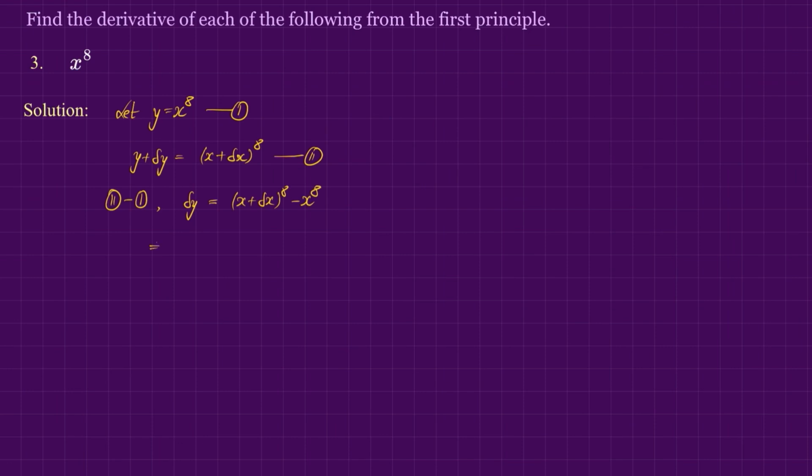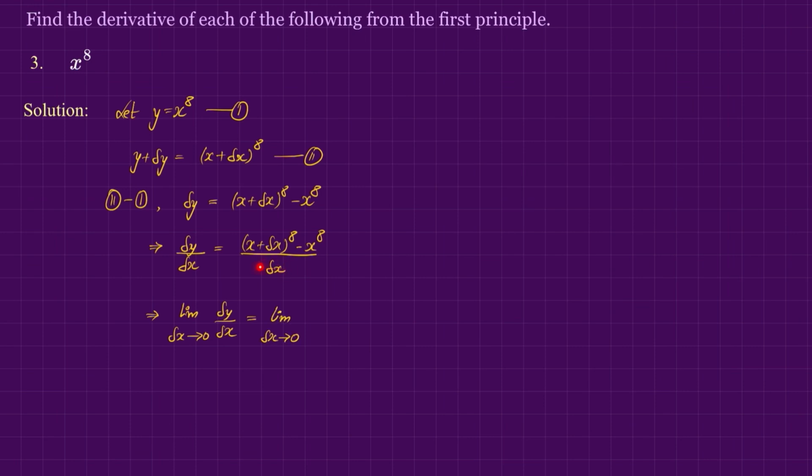And dividing both sides by delta x, we will have delta y over delta x equals to x plus delta x whole to the power 8 minus x to the power 8 over delta x. Now let us put the limit also. Limit delta x tends to 0, delta y over delta x equals to limit delta x tends to 0.